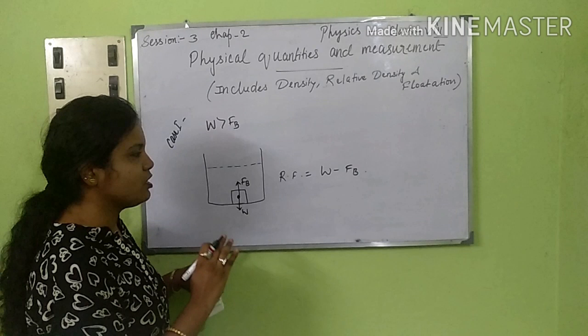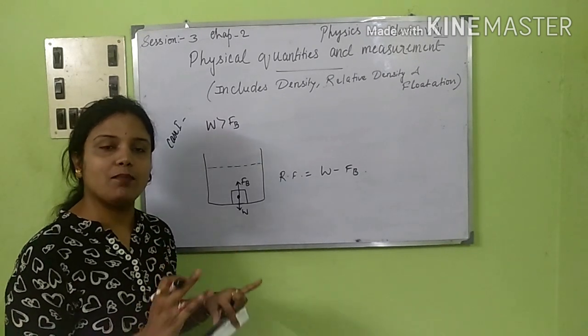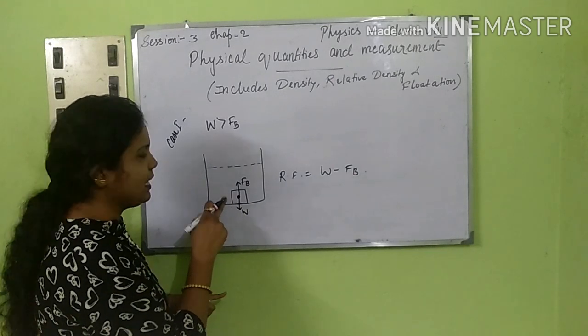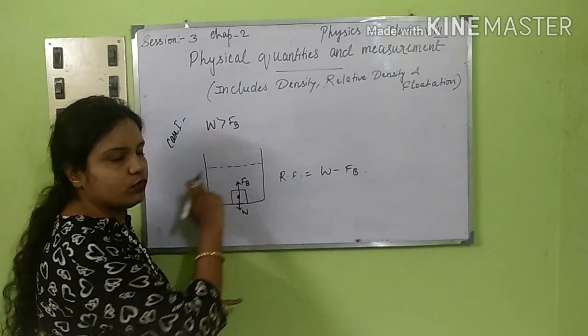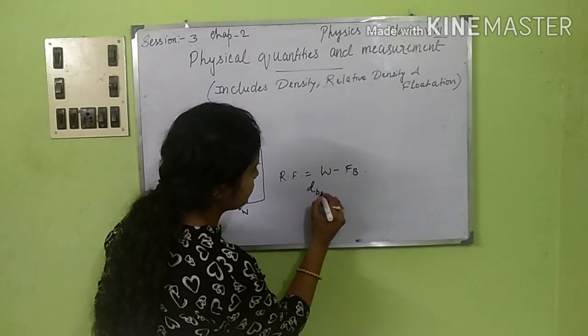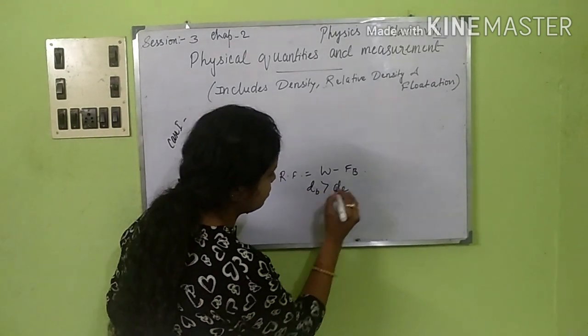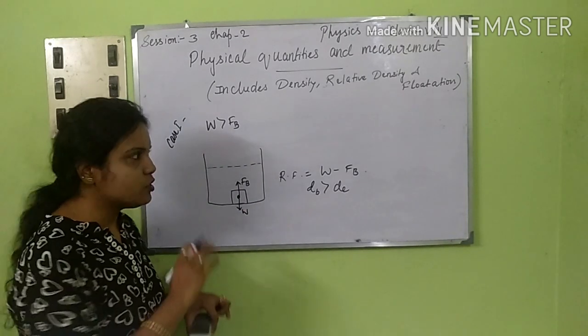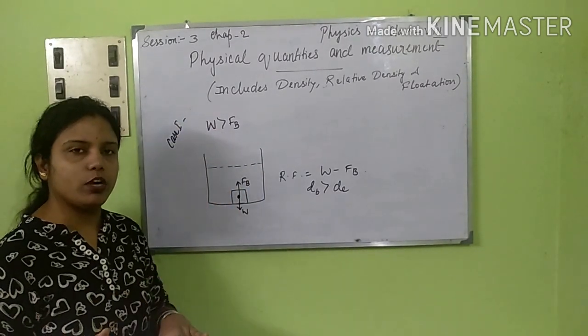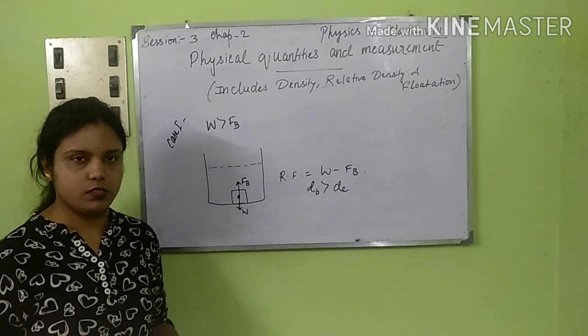And as a result, you can understand when does a body sink? Only when the density of the body is greater than the density of the liquid. That means density of the body is greater than the density of the liquid. So this is the first case, when the weight of the body is greater than the buoyant force.